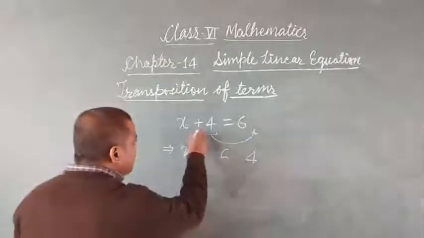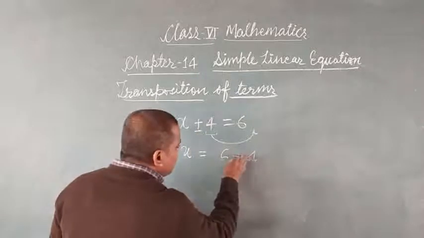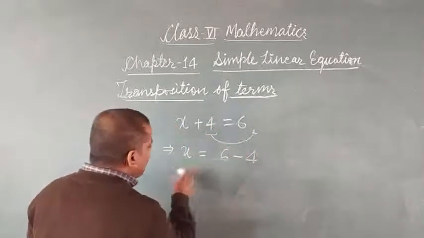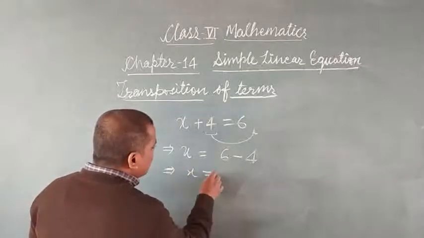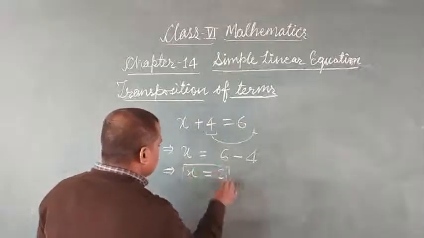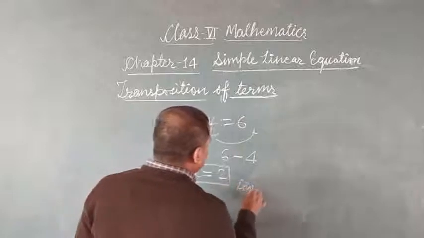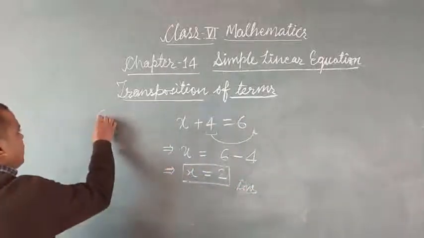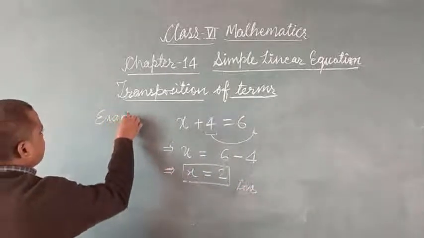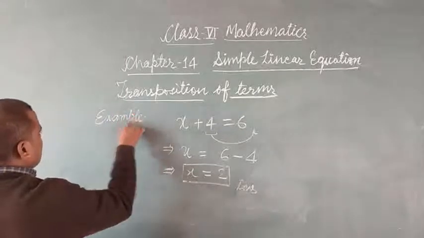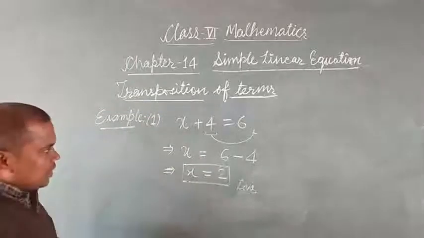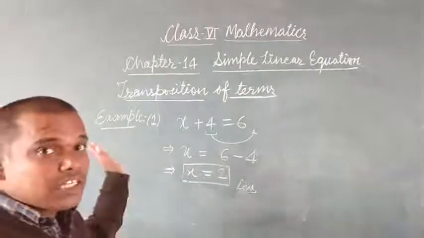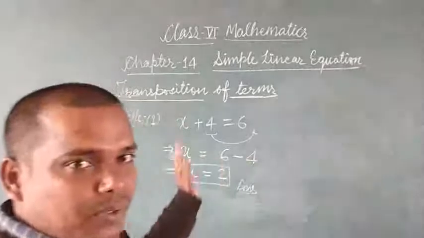So you see, here is plus sign, so it will come here minus. So now it will become x is equal to 2 and this is the solution. There is example number 1. This is the solution on behalf of transposing the term from left to right.